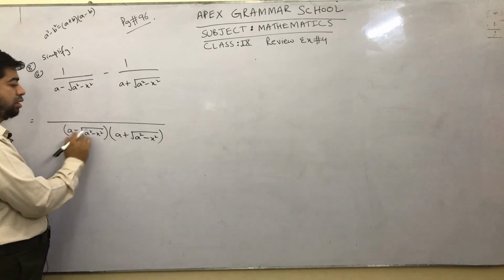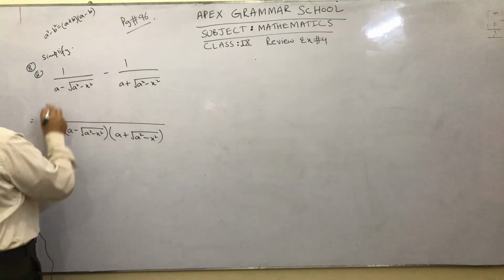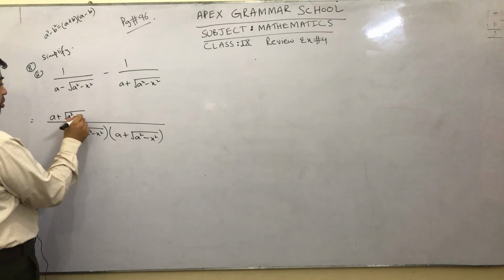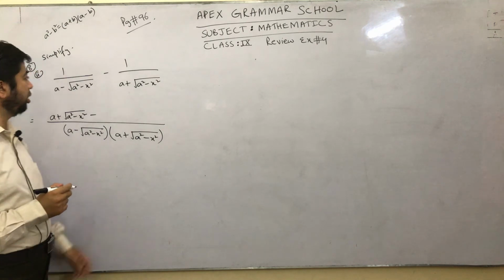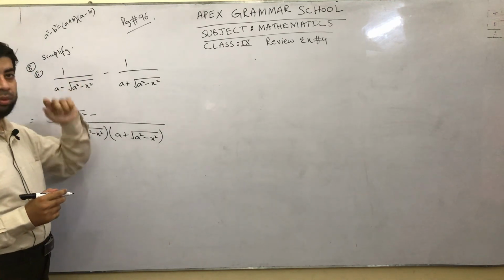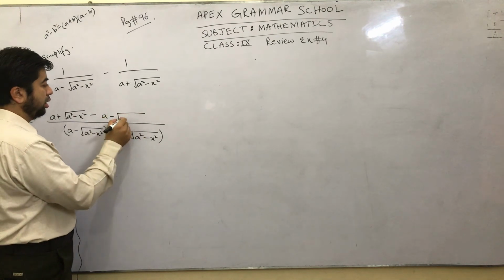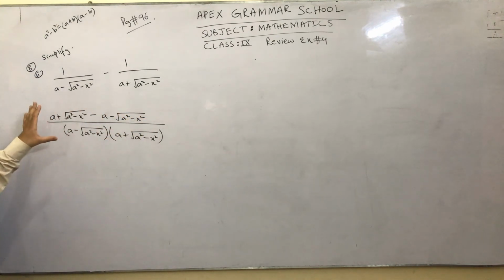Both values cancel and this is left, and this is going to multiply with this one. So a plus square root of a square minus x square, and after that there is a negative sign. Now this value is going to multiply with this one, meaning a minus square root of a square minus x square. Is there anything wrong here?